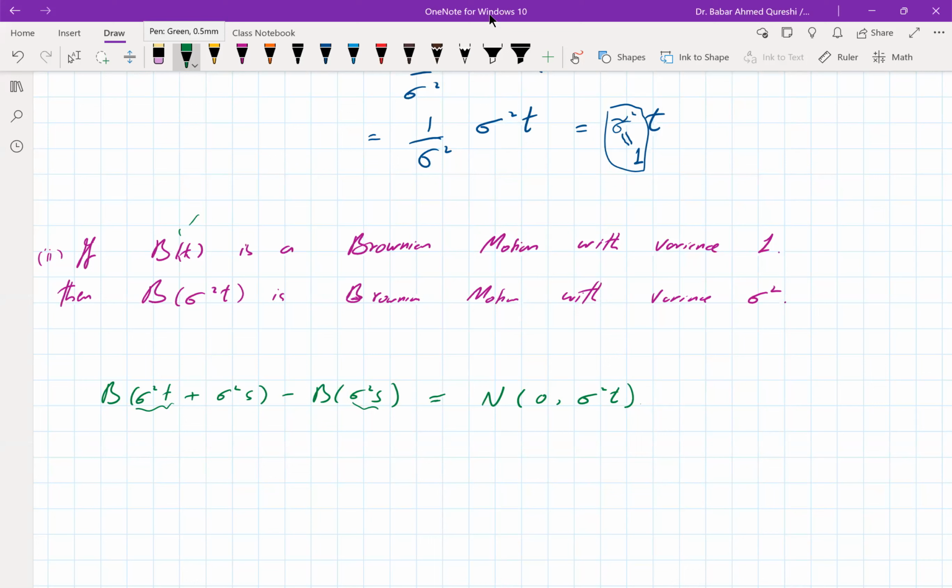But this, by definition, has to be equal to, if I consider this Brownian motion with variance sigma square (I use variance and standard deviation alternatively), by definition its step is equal to this normal distribution.